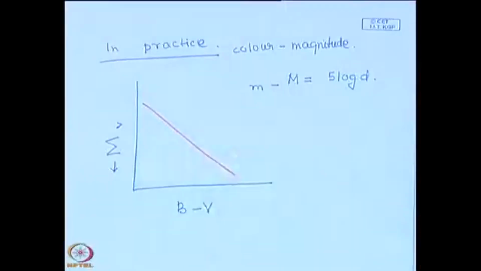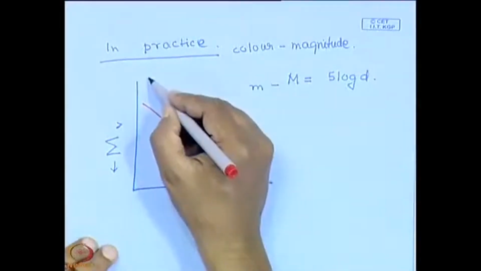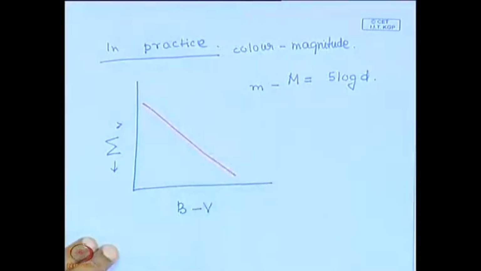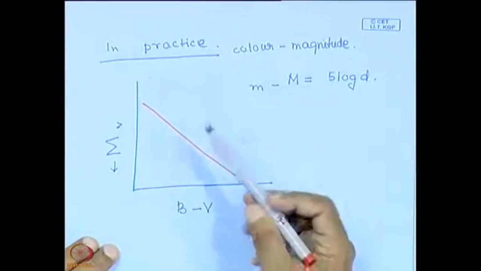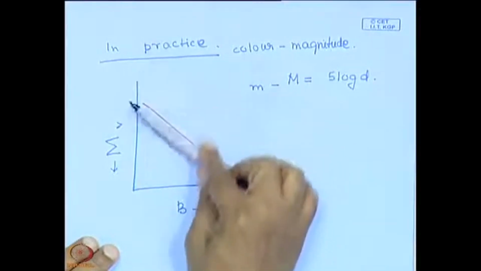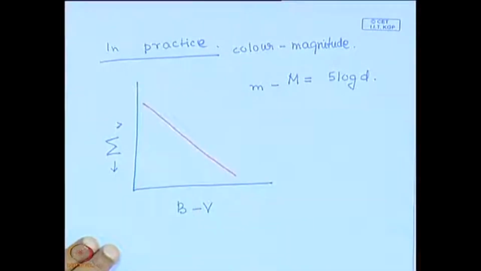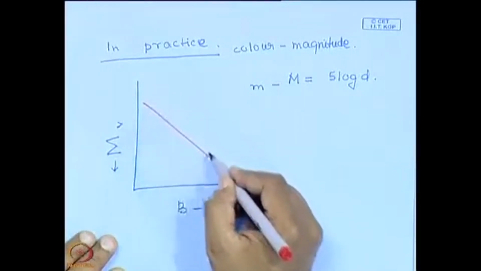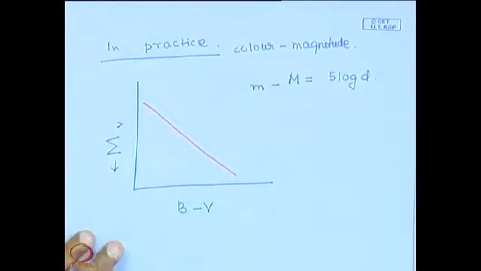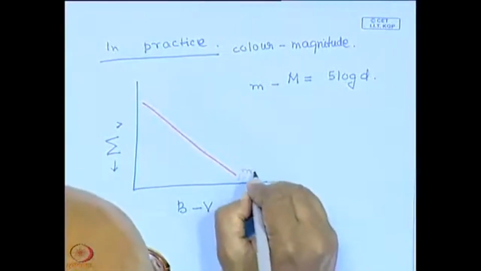And if you had a different distance, all that would do is shift this entire thing. So, the curve would go up and down for different clusters, different groups of stars, but it is found that for all of them the bulk of the stars lie on a band like this. This is called the main sequence.